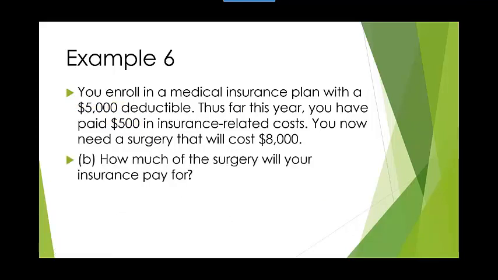And then the other side of that question is, okay, you're paying $4,500. How much of the surgery will your insurance pay for? And they will pay for whatever's left. So they will pay the remainder of the $8,000. Oops.